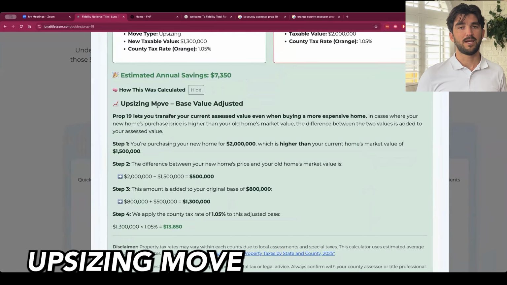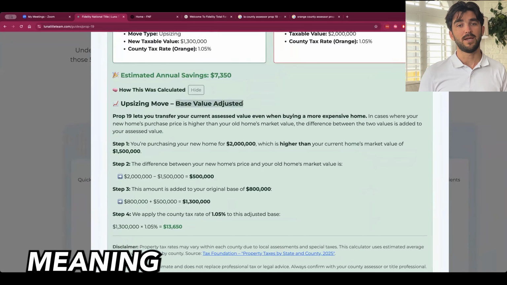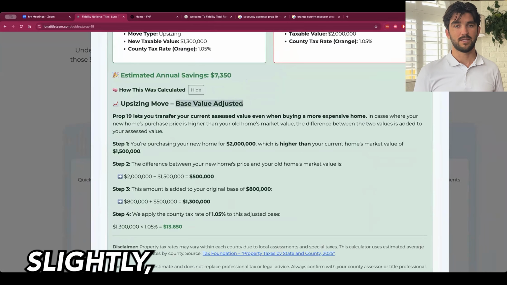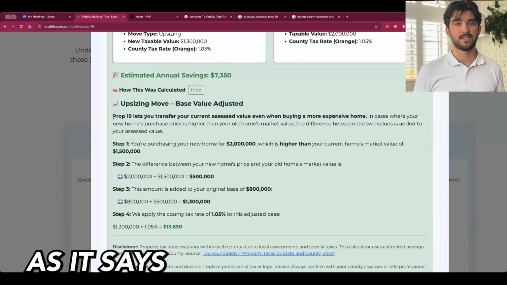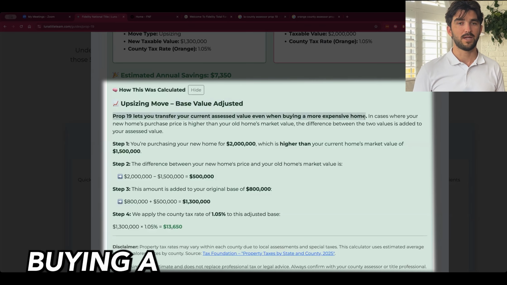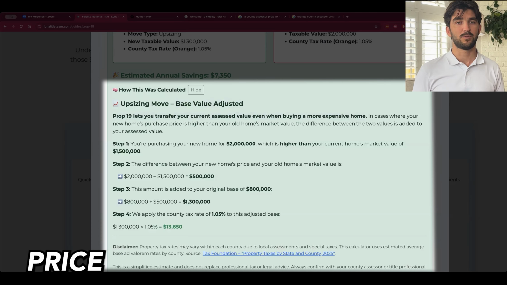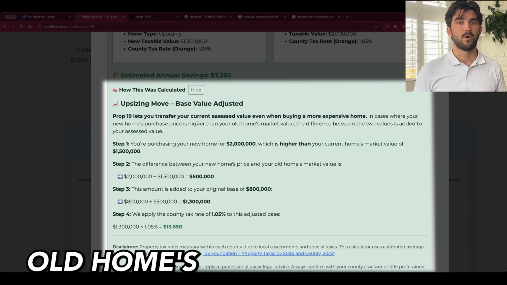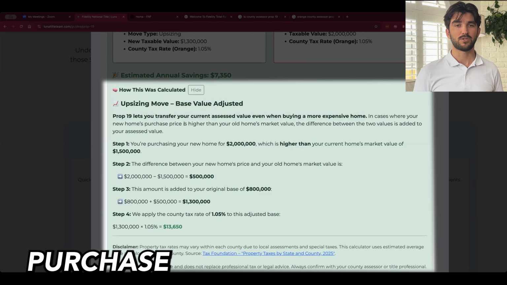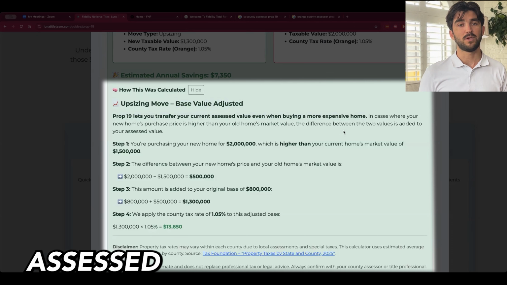This upsizing move, which is considered an adjusted base value transfer, meaning they do reassess the property taxes and the assessed value slightly, but not a full reassessment. As it says here, Prop 19 lets you transfer your current assessed value even when buying a more expensive home. In cases where your new home's purchase price is higher than your old home's market value, the difference between those two, being the new home's purchase price and the value of your old home, is added to your assessed value.